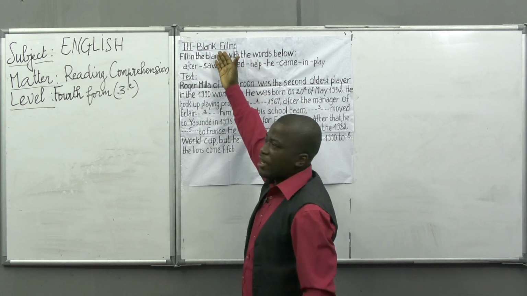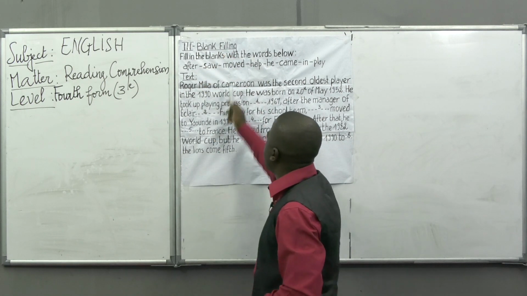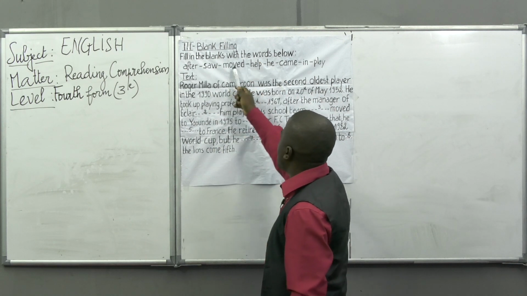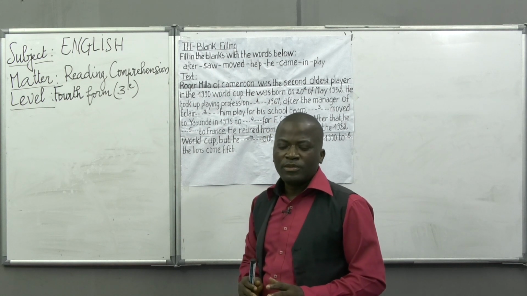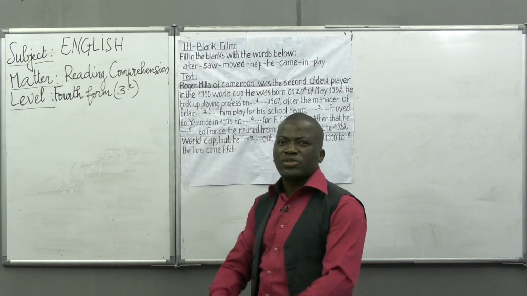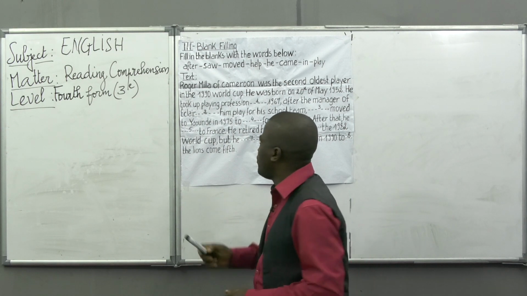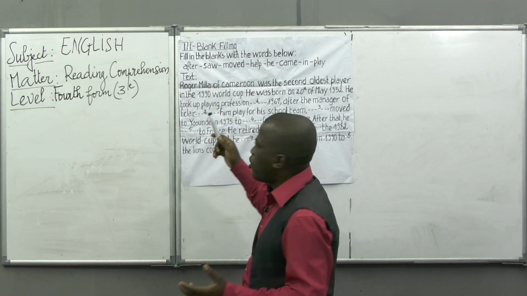This is our exercise, blank filling. Fill in the blanks with the words below. Now, these are the different words. The first thing to know, class, is the grammatical nature of the different words that have been given to you. After, what is after? So, what is so?